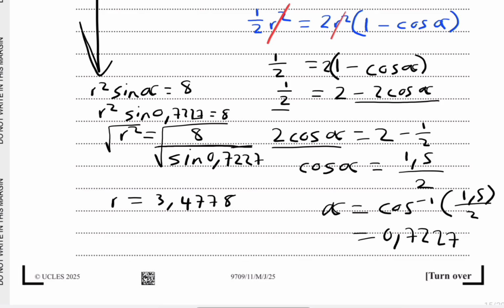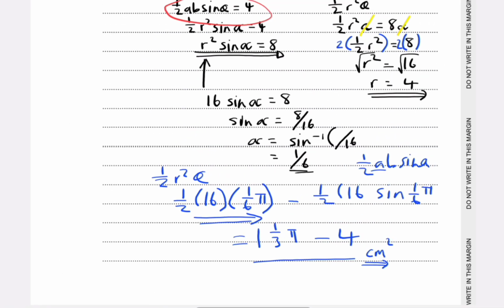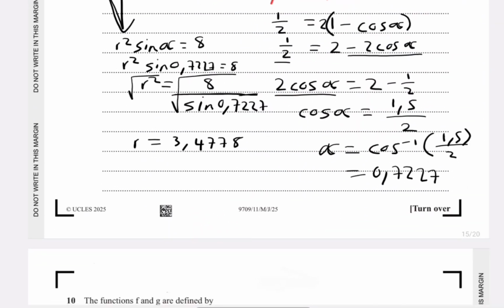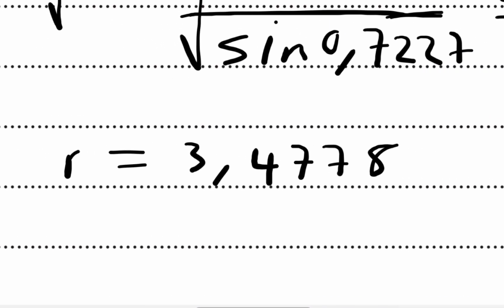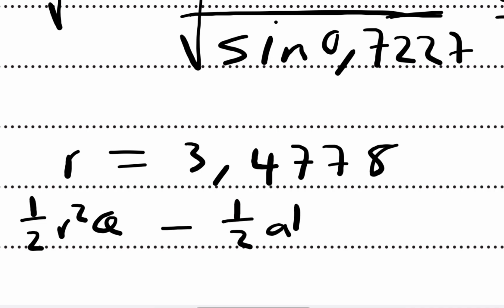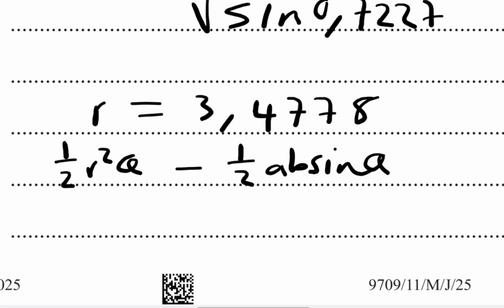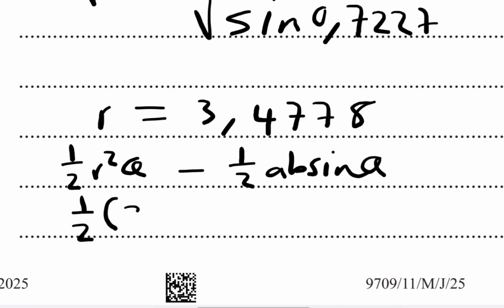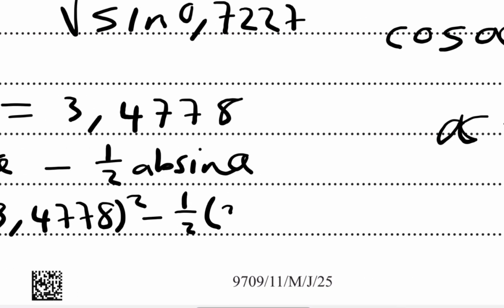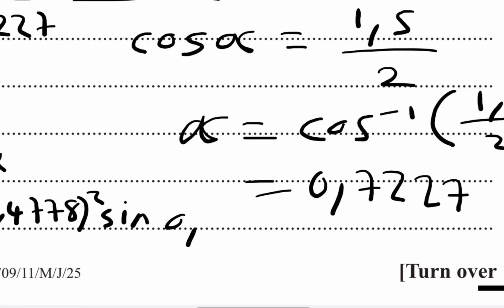So using these two values, we're going back to this expression, area of a sector. So area of a segment is the area of the sector, half r squared theta, minus the area of the triangle, half AB sine theta, right? So this will be half our r squared, 3.4778 squared, minus half AB, that's our 3.4778 squared, sine our alpha, which is 0.7227, right?